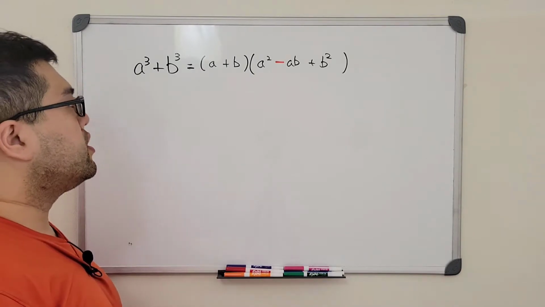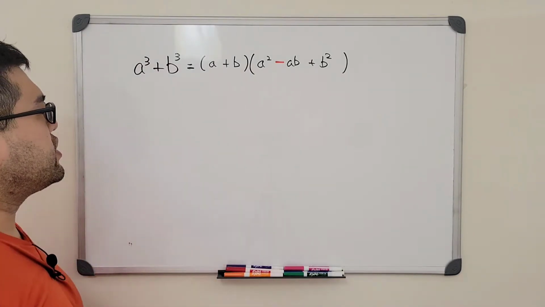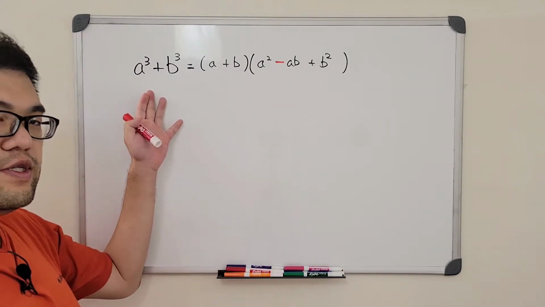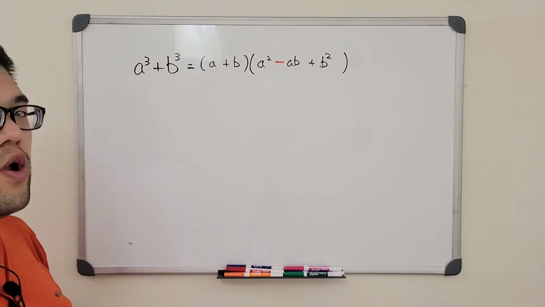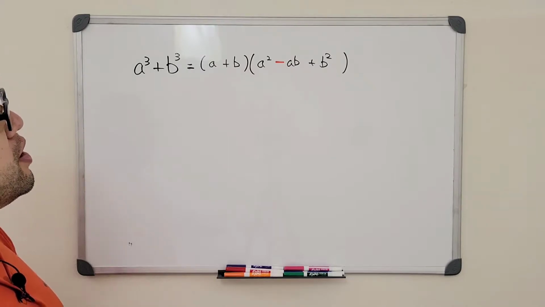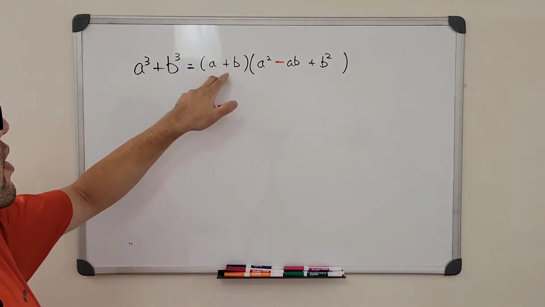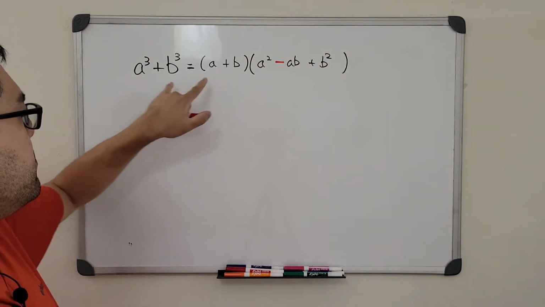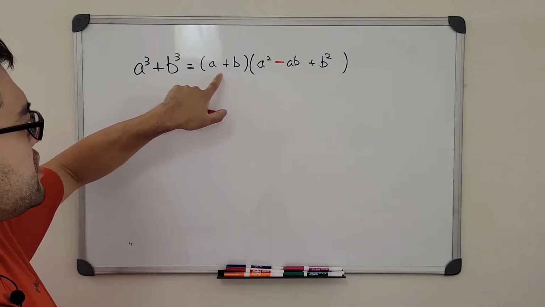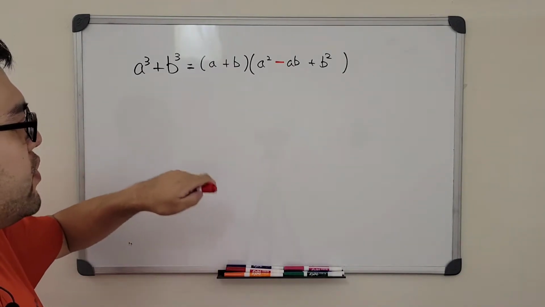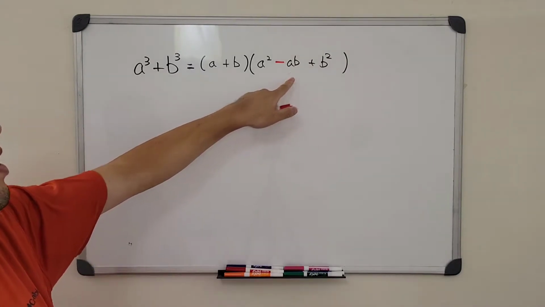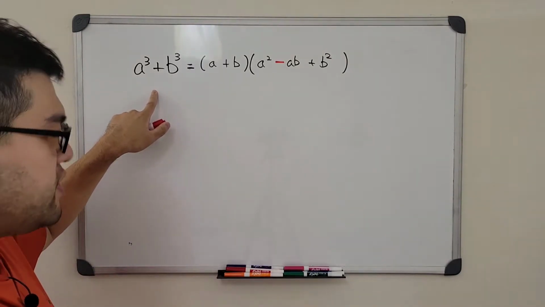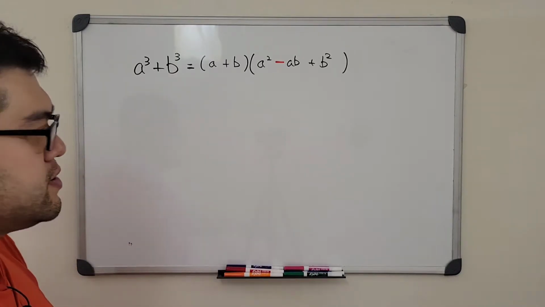Similarly, if we go back and take a look at the difference version, meaning if we're looking for a to the third power minus b to the third power, we see that here we will follow the same sign. So instead of having a plus b, we'll get a minus b. On the other hand, for the ab term, we will then get a plus sign.